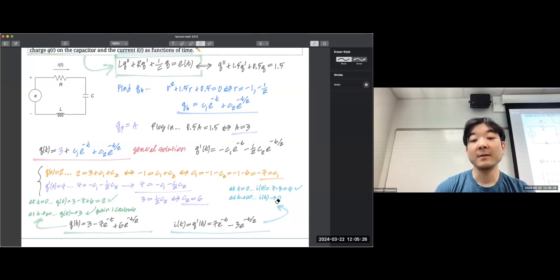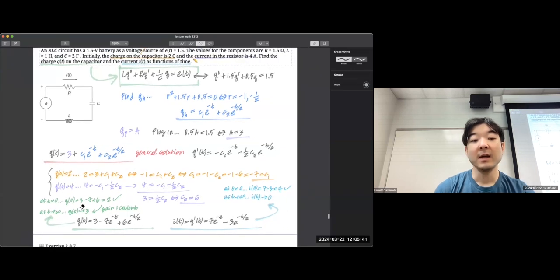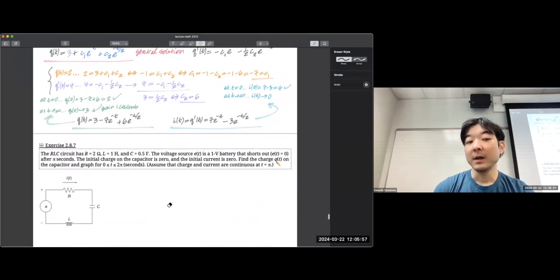It doesn't go beyond 3 because the current actually just stops after infinite time. The capacitor only accumulates charge so long as current is still running, and the current goes away as time goes on.